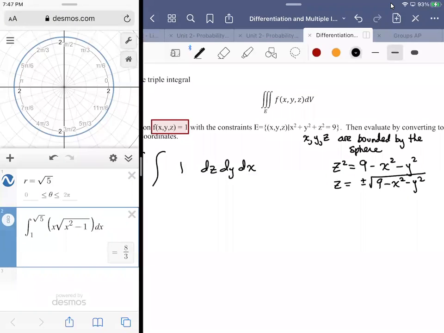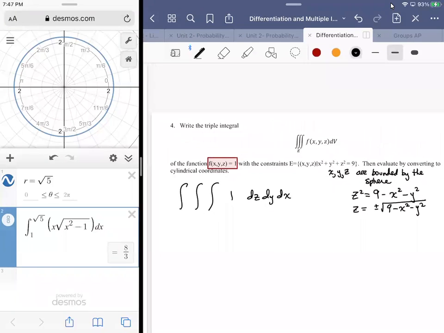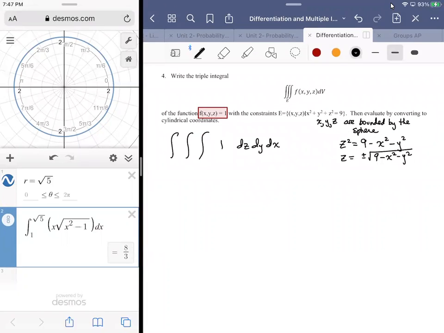Not going to be pretty, but it's doable. Now, if I want to look at this on the xy plane, okay, because what I am looking for is the volume contained between this function and the xy plane.